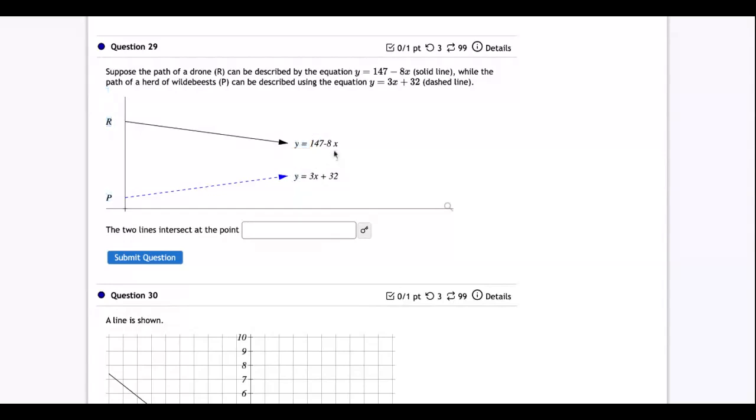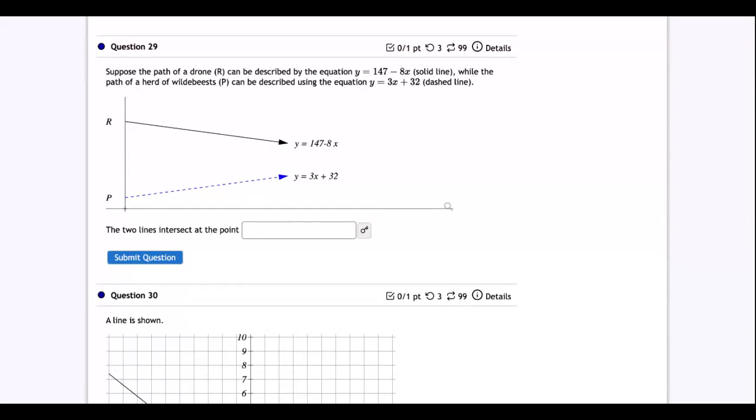Then we solve the linear equation. Does it make sense? Because you have y equals one expression, y equals another expression, so you can set those two expressions equal. Then that's one variable, one equation, and you can solve.